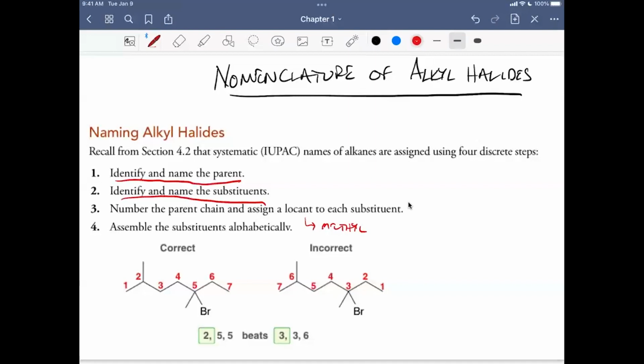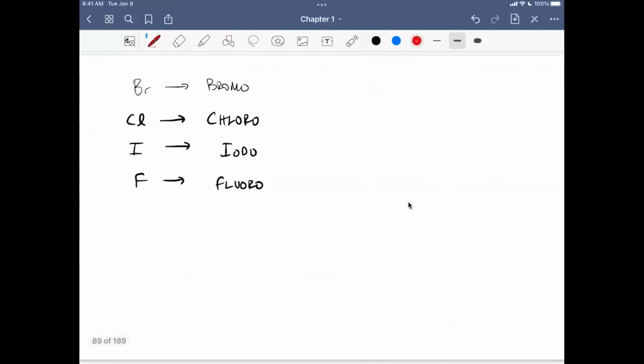So the only thing that's new here is assigning the locants a name for the substituents. So you need to know what to call a bromine for nomenclature. Maybe a chlorine, maybe iodide, maybe fluorine. So you need to know how to abbreviate that for this nomenclature. And luckily, I have it written right here.